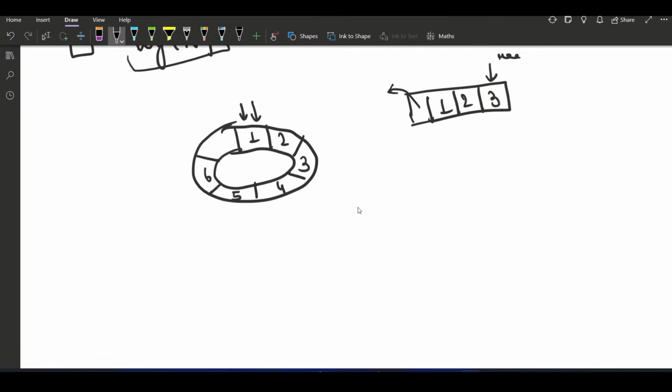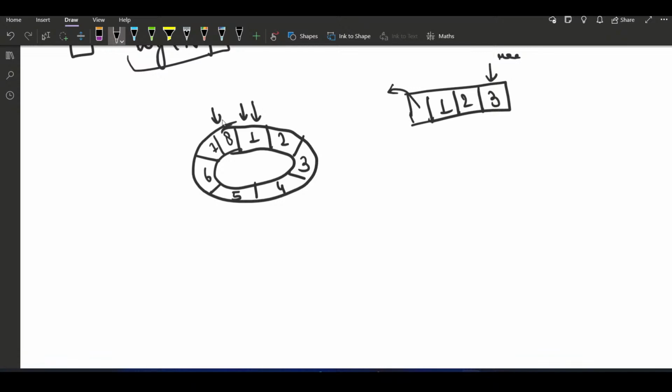But in case of circular queue, we can insert the element at any end, because here there is no end of the queue. We can insert while the space is left. So here we can insert 7, then 8, and now when the front and the rear meet, that is, rear equals front plus 1, or front equals rear plus 1, the circular queue is considered full, so we can't insert the element.